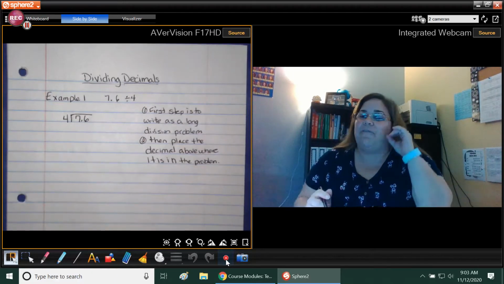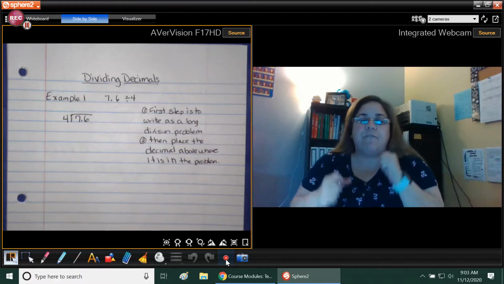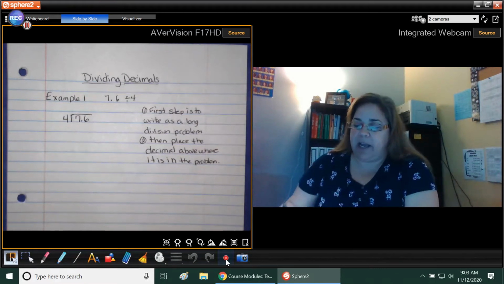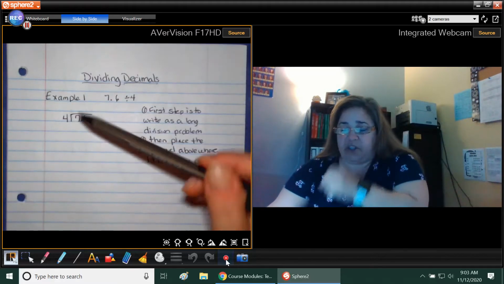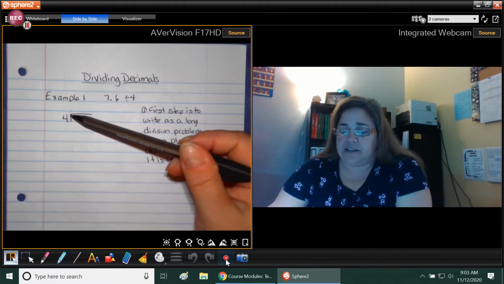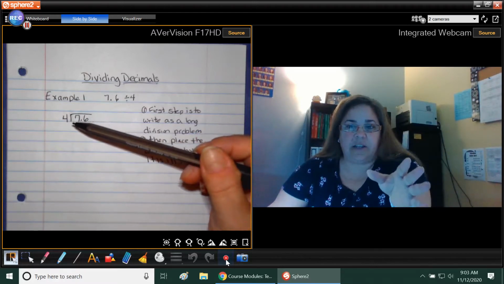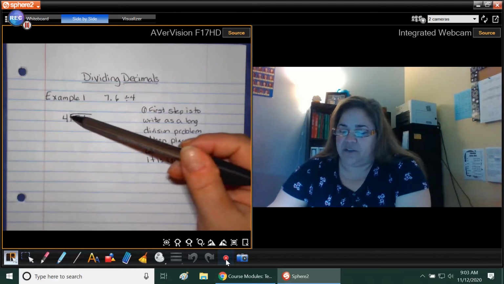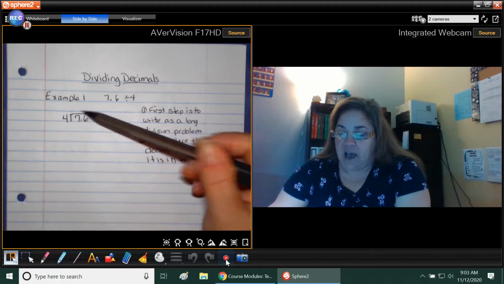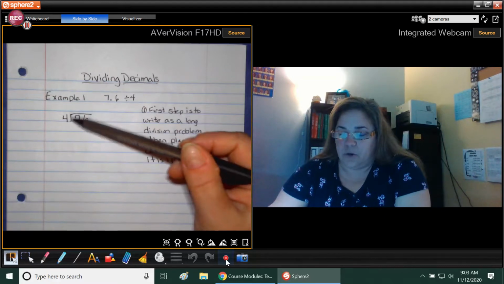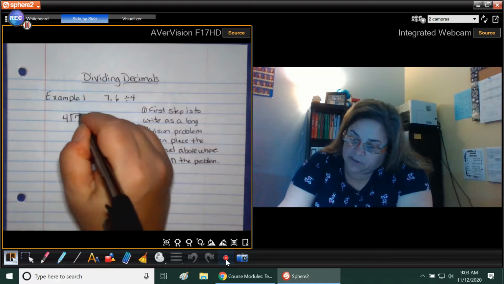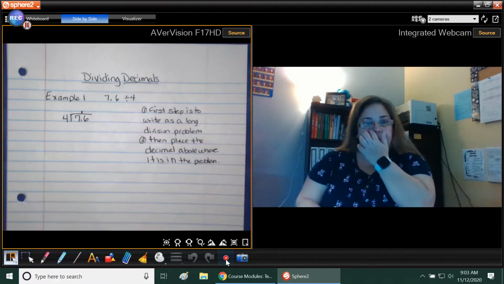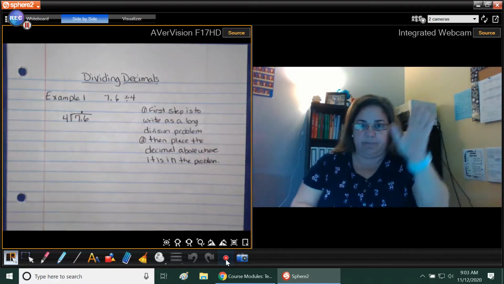So the very first thing after I write my problem, the very first thing I'm going to do is go ahead and throw my decimal up to the top. So just so you guys know, I use the house analogy for division. And so let's just pretend like this is our house, this is our front door, and this is our roof. Okay? Throw the decimal up onto the roof. Okay? Just throw it up there.